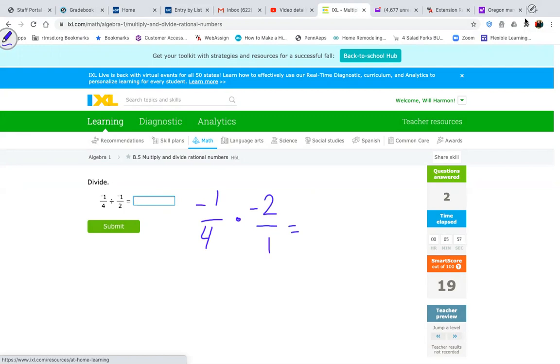Do you guys see that? How the first one is divided by -1/2, and the second one, the one I wrote, is times -2/1. So now when I do -1 times -2, I get 2, and 4 times 1 is 4. So I get 2/4, which is 1/2.